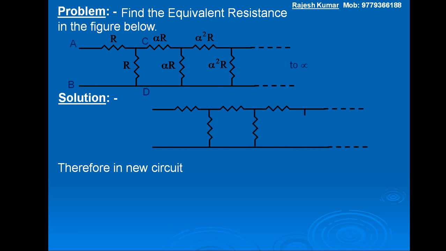The first element containing resistances R and R, when multiplied by alpha, becomes alpha R and alpha R. In the next element, resistances are alpha R and alpha R. If we multiply by alpha, it becomes alpha square R and alpha square R. Similarly, in the third element, alpha cube R and alpha cube R, and so on up to infinity.